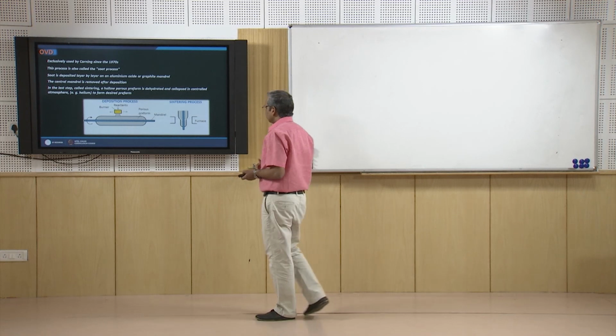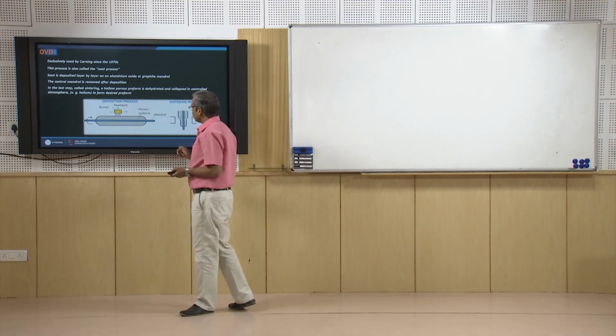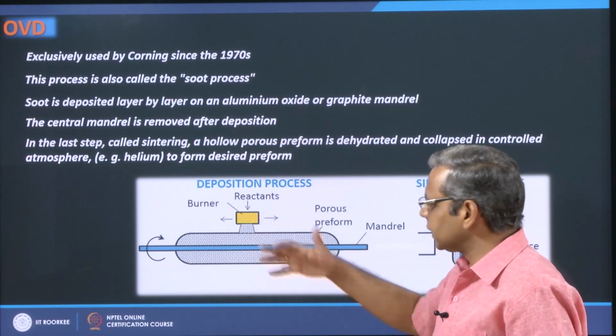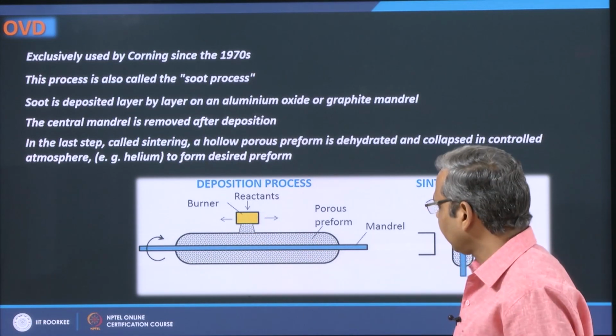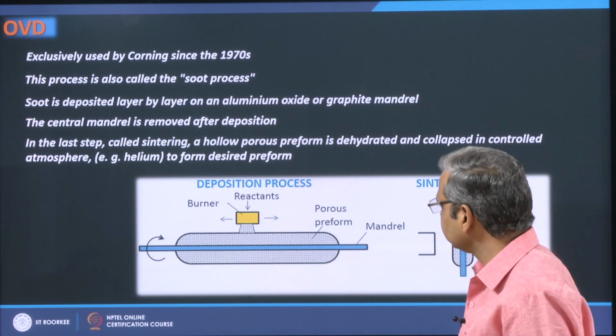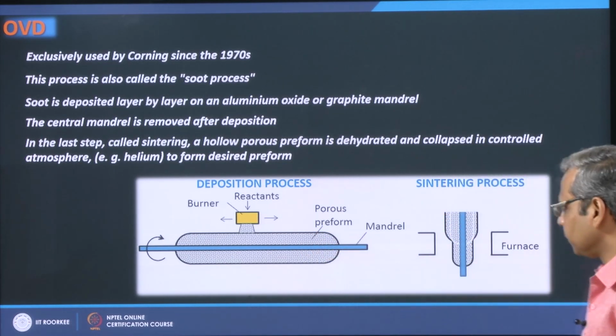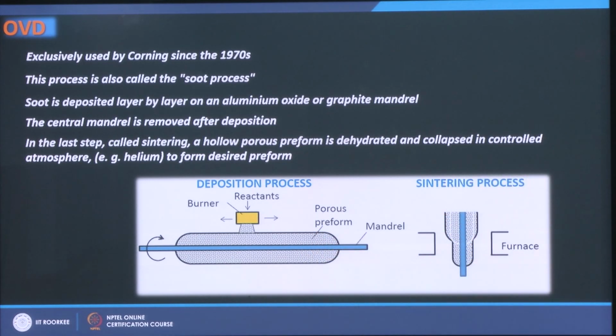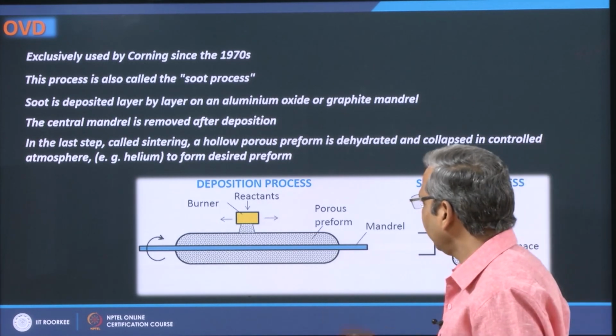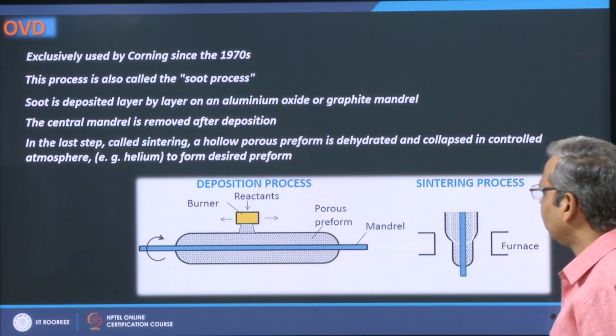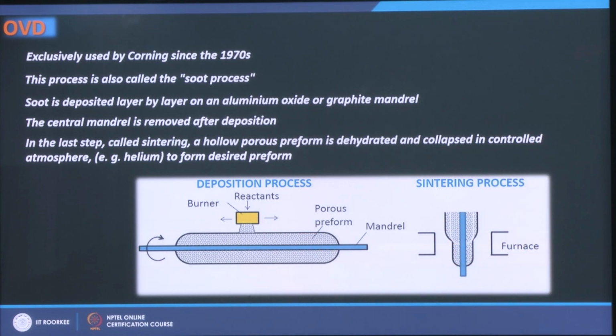Okay, it is in the form of soot itself, particle over particle. So this preform is a porous preform. After making this preform, you remove the mandrel, and then you sinter it.